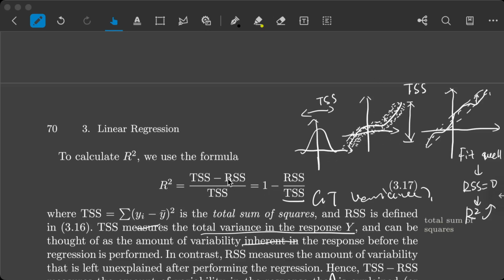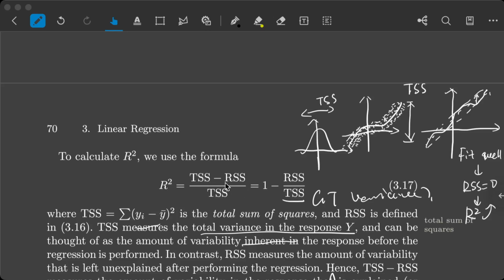After estimation, we can get the residual sum of squares, which is the part that we cannot explain with x. If we use the first term minus the second one, we get the part we have explained. Generally we compare it to the total variance of the data, and we can get a value.